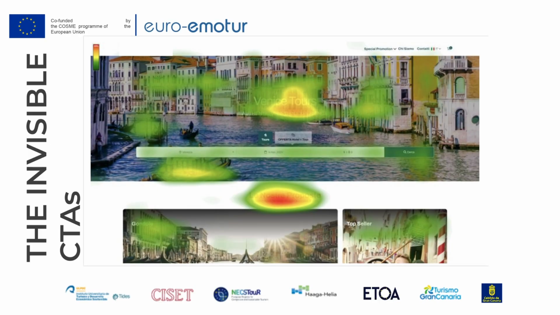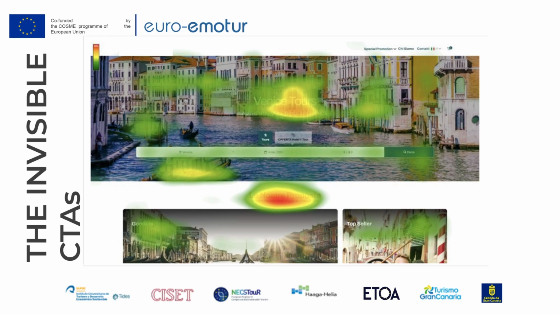We have an example here from online travel agents, and you can see here that basically the call to action, which is a search there, is more or less the same color as the picture behind it. And you see from the heat map that the user's attention focuses on the main title.